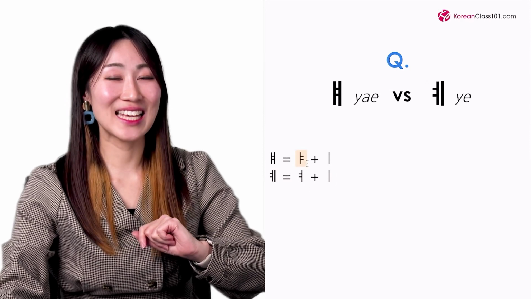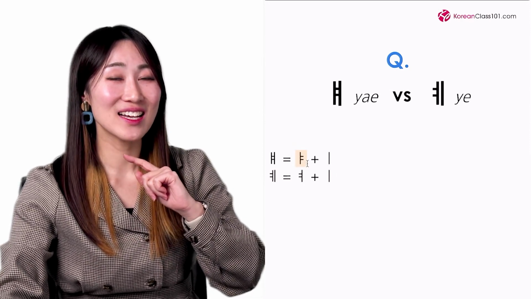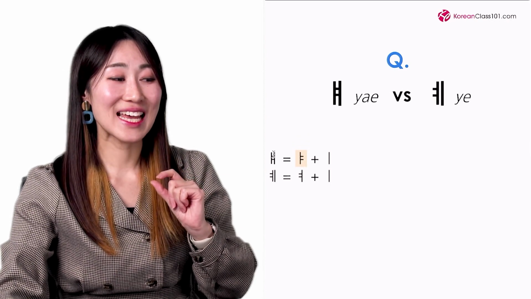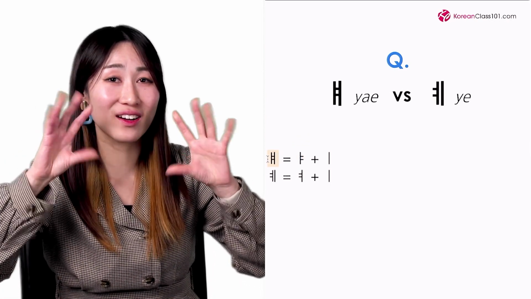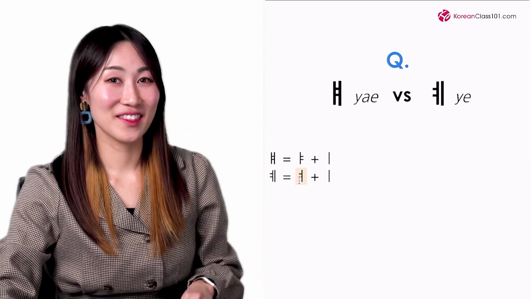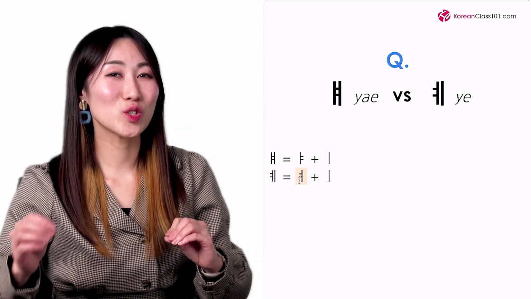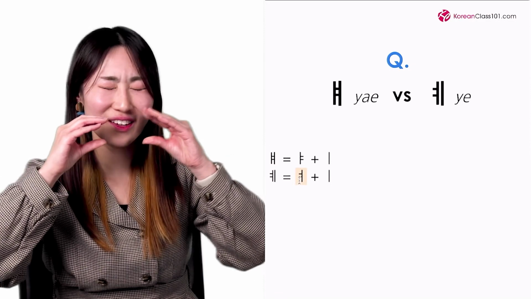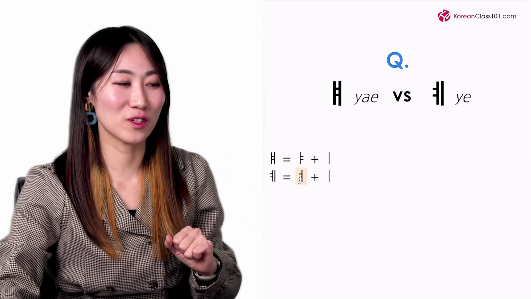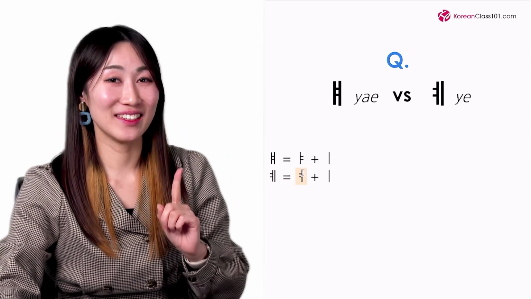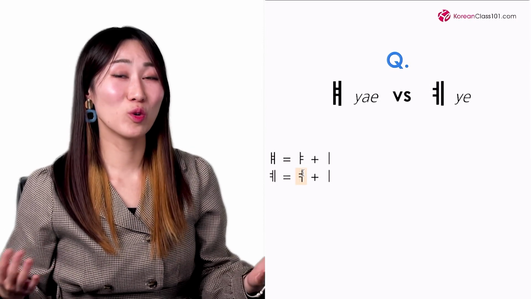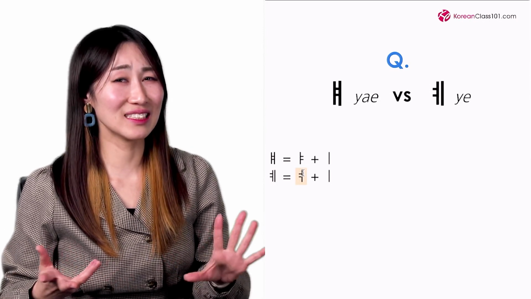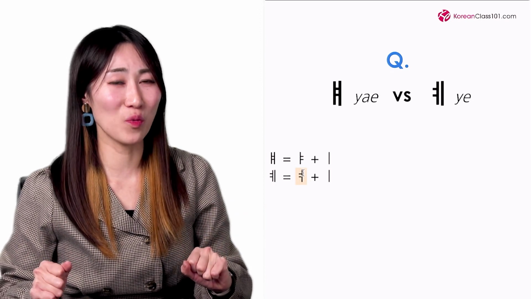Yes, it has a ya sound. When you pronounce this first ye sound, you are supposed to make your mouth bigger. Ye. Theoretically, you are supposed to use your mouth a little bit smaller than the first one. So, ye and ye. But again, in modern Korean, we don't really recognize the difference anymore.